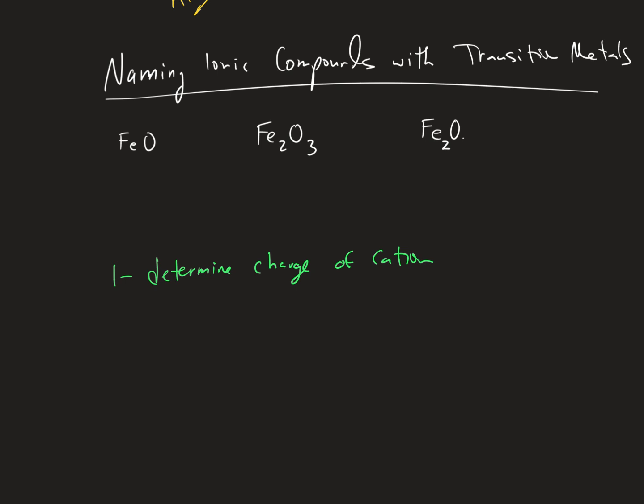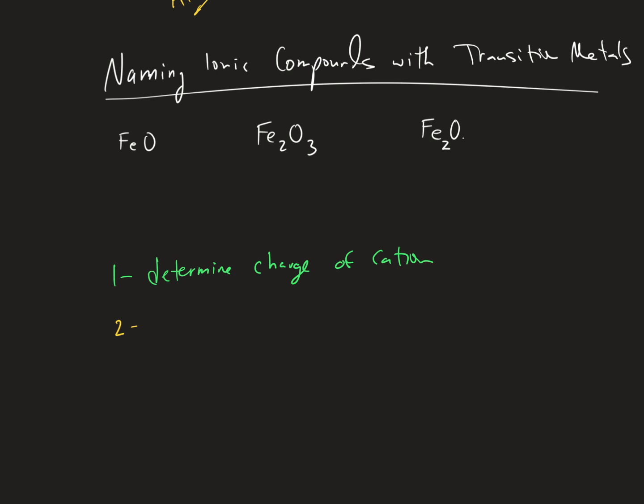Doing okay? All right. So determine the charge of the cation. Then we do the exact same thing. We write the formula of the cation, formula of the anion, and swap charges. No, that's naming, sorry. No, we don't do that. Sorry. We do that if we're writing the chemical formula. My bad. So determine the charge of the cation.